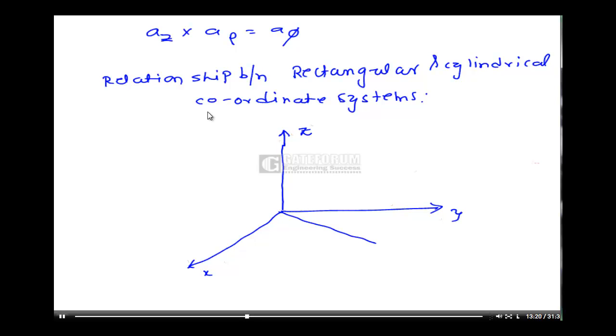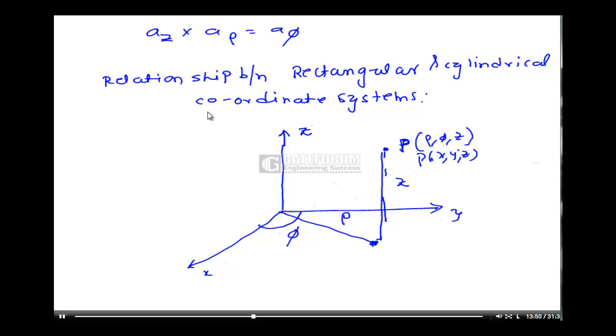This I am calling rho. Suppose I want to represent a particular point. This is rho, this is z, this is phi, at an angle phi. So this is point P, which is (rho, phi, z). Similarly, this is also point P in terms of (x, y, z).